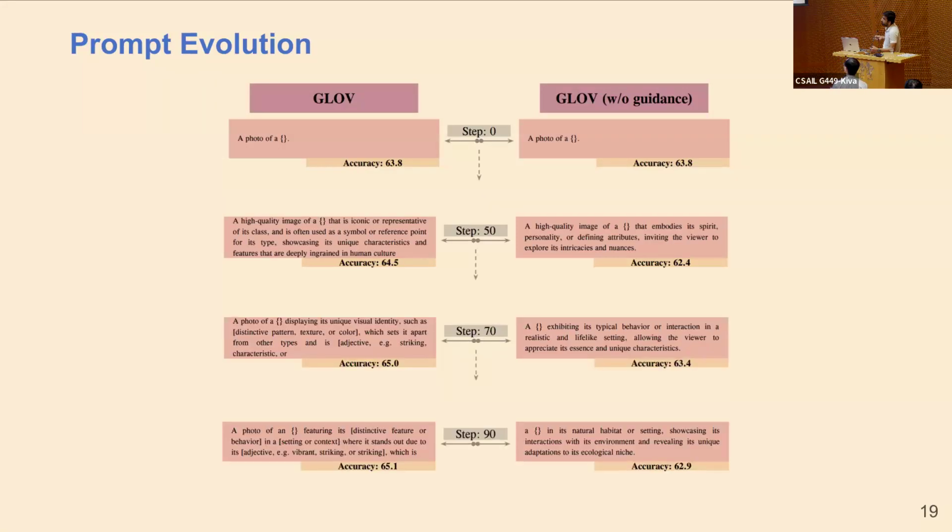Yeah, so there were a couple of interesting things here. I skimmed through the number of steps. For example, at one step, our GLOV, or the guidance, is finding that this particular artifact, which is enclosed in square brackets, is helping the model somehow.